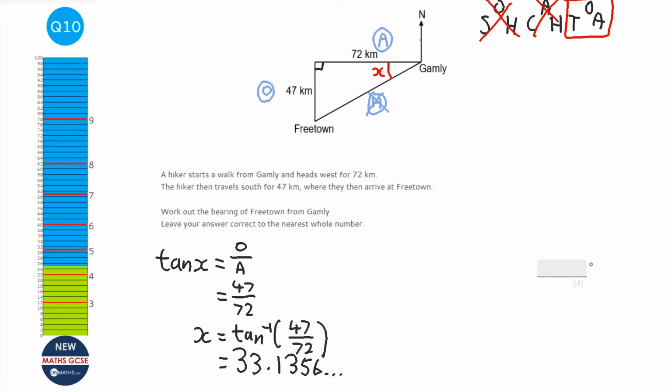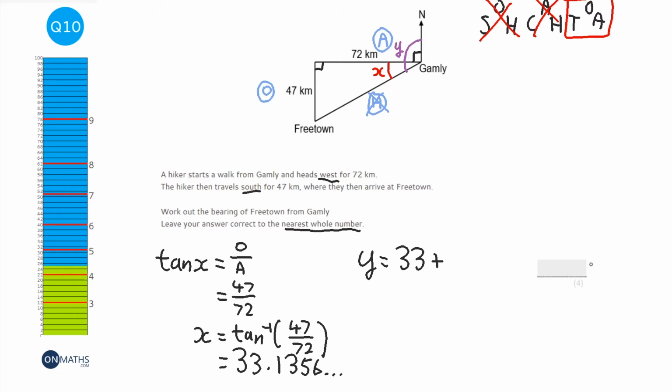What we can do is work out what this one is, and I'm going to call that y. To work out what y is, it's going to be 33.1. Well, we're looking for the nearest whole number, so let's call that 33. And then we're going to add the right angle here. The reason I know this is a right angle is because it says that he heads west and then south.